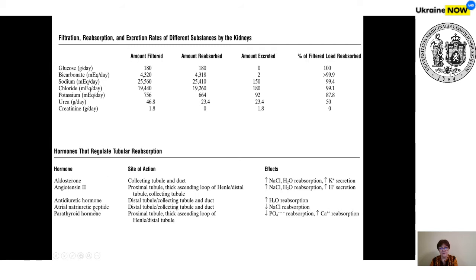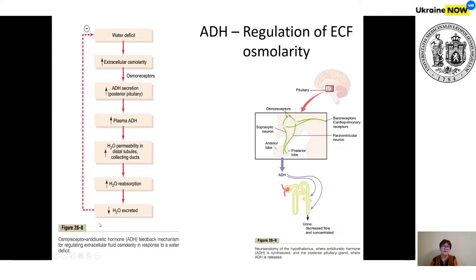And many hormones take part in regulation of tubular reabsorption. You can see here the site of action and effects of aldosterone, angiotensin II, antidiuretic hormone, atrial natriuretic peptide, and parathyroid hormone. You remember from the last hour's lecture on water electrolyte balance the role of antidiuretic hormone in regulation of extracellular fluid osmolarity.